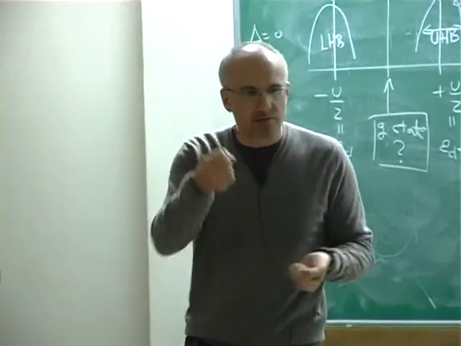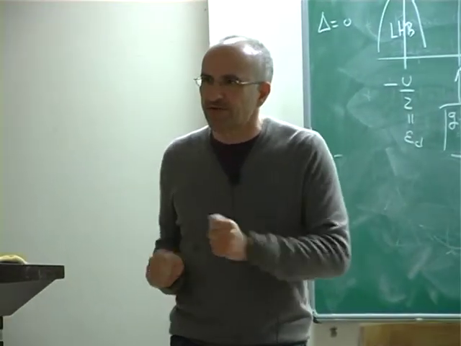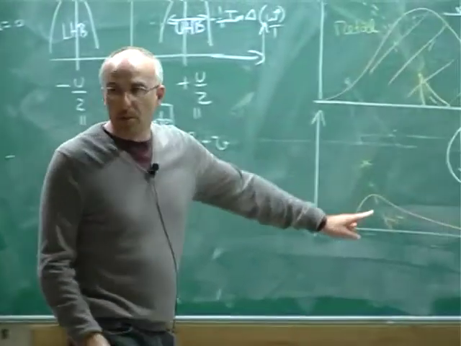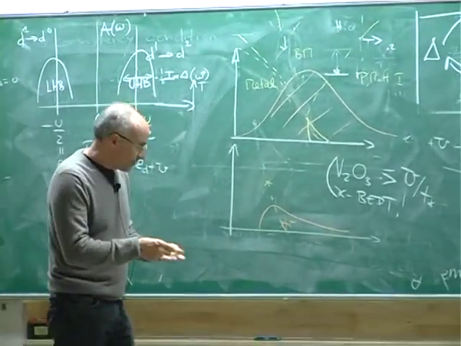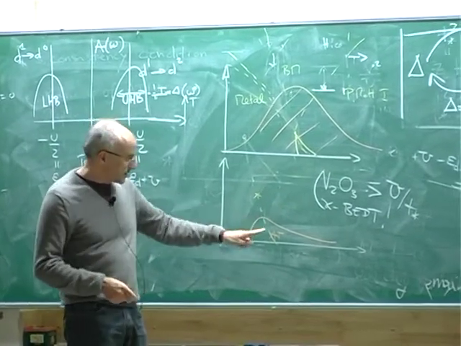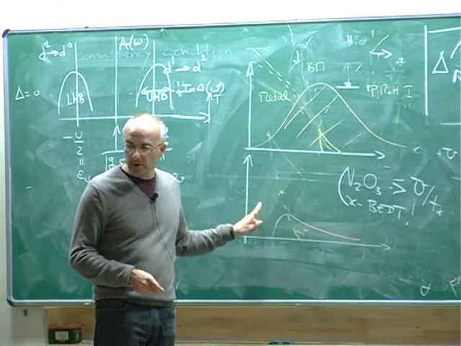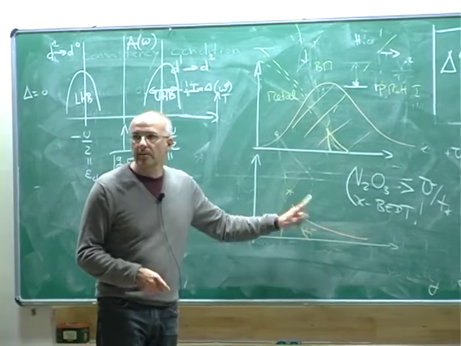I studied this with Krish many years ago, this feedback of the lattice. But both solutions are possible. So V2O3 has a diagram exactly like this: an antiferromagnetic insulator and a first order phase transition between a paramagnetic metal and a paramagnetic insulator.